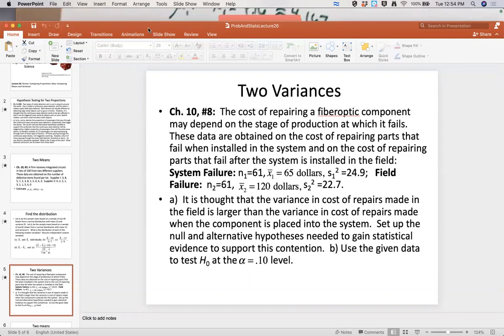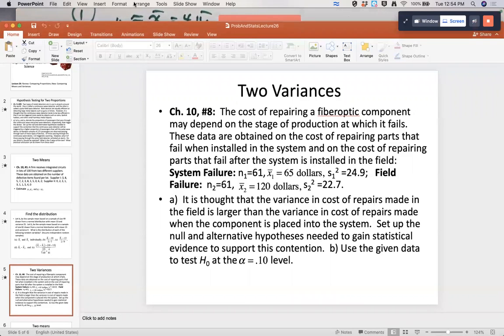These data are obtained on the cost of repairing parts that fail when installed in a system, and on the cost of repairing parts that fail after it's installed. So effectively, system failure and field failure after it's installed. A little confusing there.